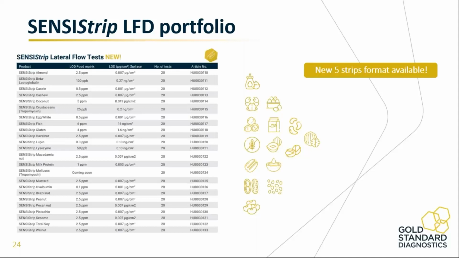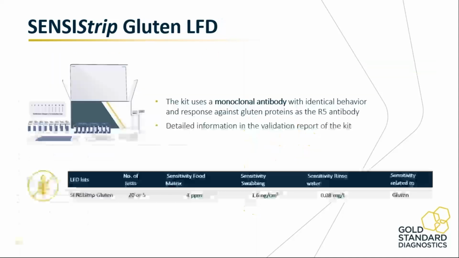We offer them in a format of 20 strips, and quite recently a new 5-strip format is also available. This is quite convenient for small companies and for some consultancy industries. So this is really something that could be very useful.